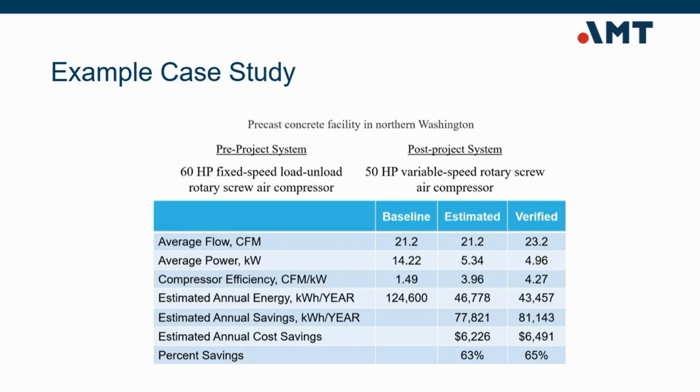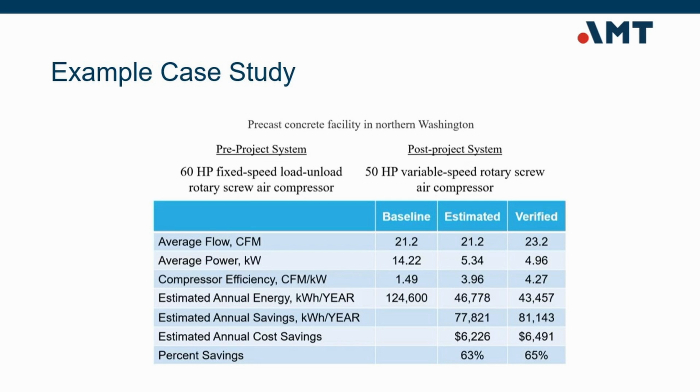These conditions are very typical. The system runs, production continues, but energy performance is far from optimized. After evaluating the system, the facility implemented several improvements. They replaced the fixed speed compressor with a 50 horsepower variable speed rotary screw compressor, better matched to actual demand.